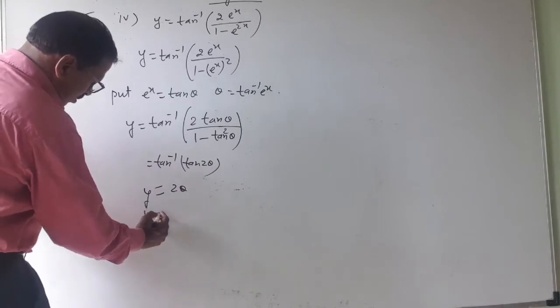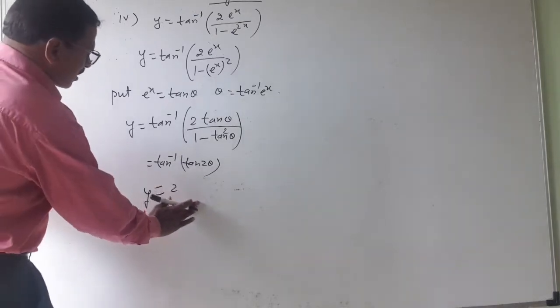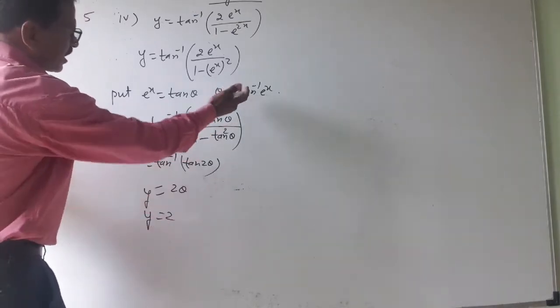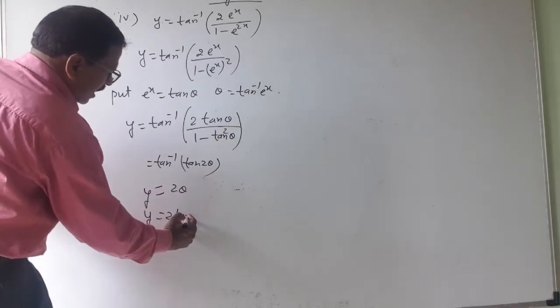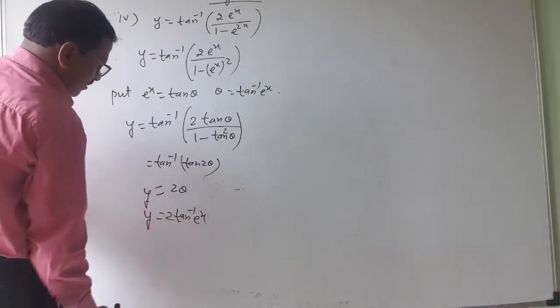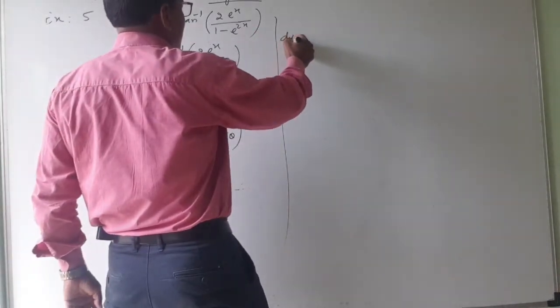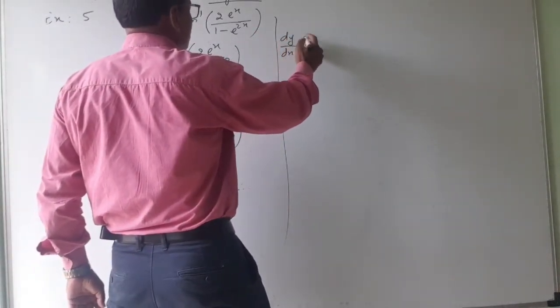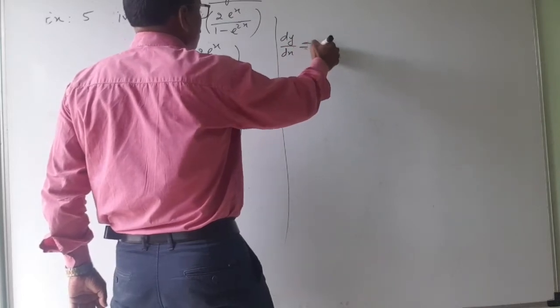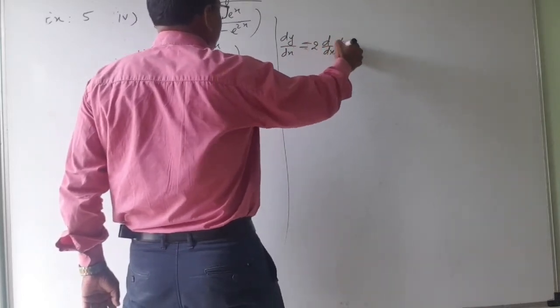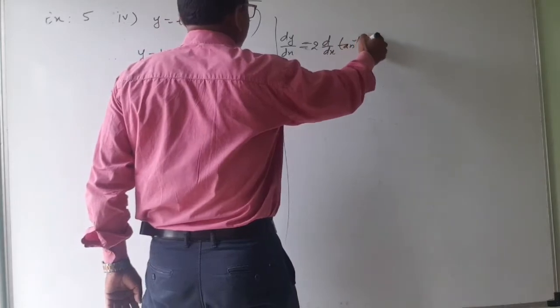So y is equal to 2 theta. Theta means what? Tan inverse of e raised to x. Tan inverse of e raised to x. Now take the derivative. dy by dx is equal to the coefficient 2 into d by dx of tan inverse of e raised to x.